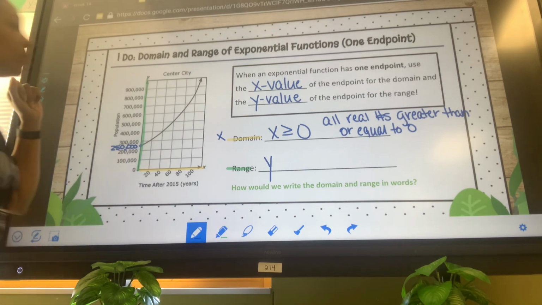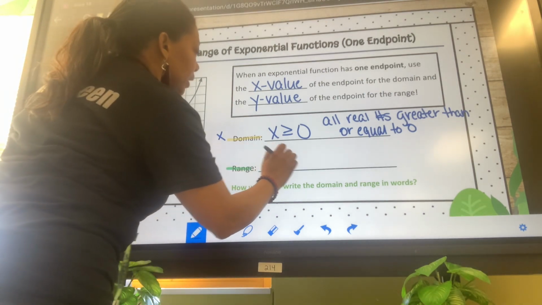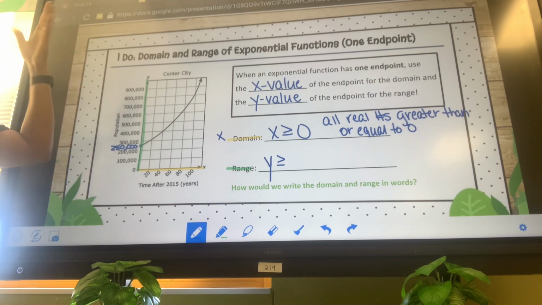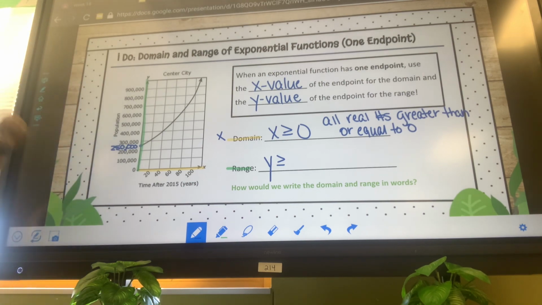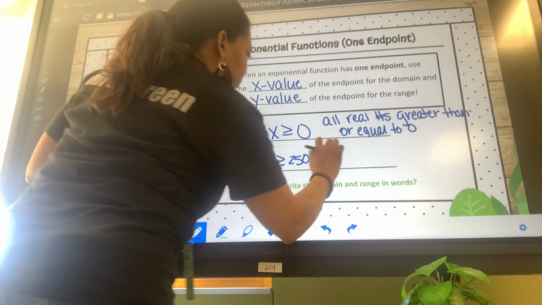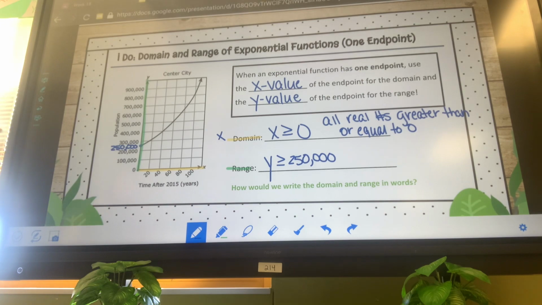So that means this will also be greater than or equal to, because it touches the 250,000, which gives us our equal, and then it goes up, which means greater than. Okay? And our value here is the 250,000. So it can be 250,000 or anything higher than that.